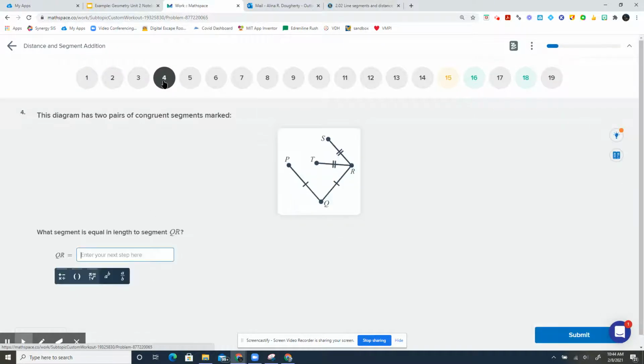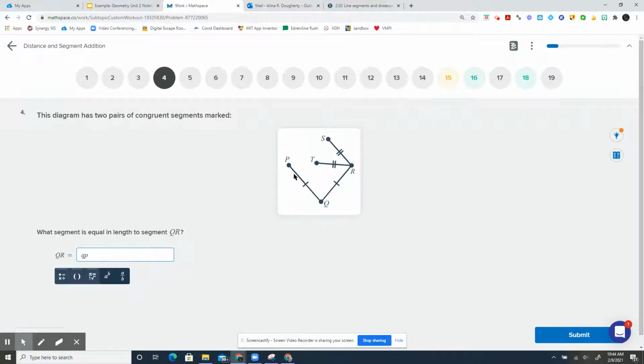4 makes it a little more complicated. There are a couple of different pairs of congruent segments. So the first pair, QP, is congruent to QR. So QR has 1 tick mark. It's congruent to QP. And I think this is going to give us 2 different things. So QR and QP.